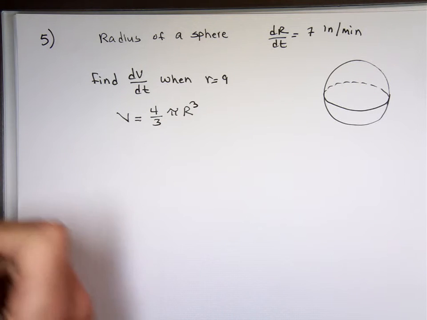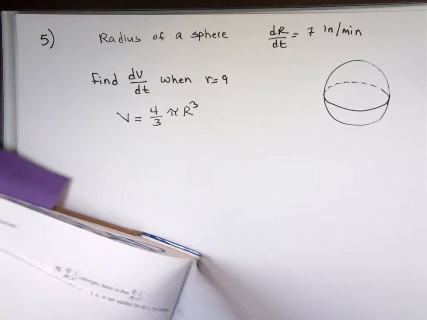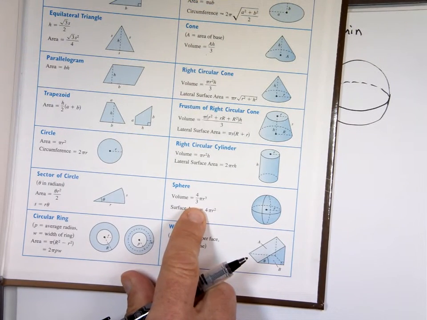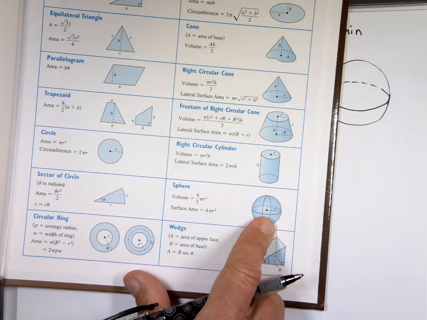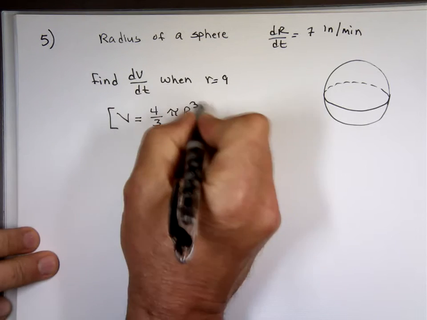If you have a book, I know not everyone has a book, but if you go to the last page, a sphere, the volume is 4/3 pi r cubed. You could have Googled that too. 4/3 pi r cubed. Now take the derivative with respect to time.